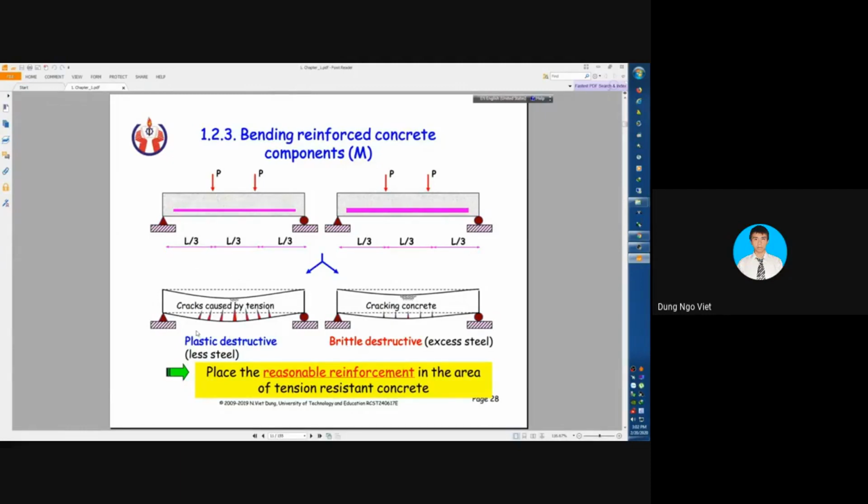The left model has plastic failure with less steel, and in the right model, which has much more steel, we have brittle failure. So we have to calculate to determine the reasonable reinforcement and place it in the tensile area of the concrete.